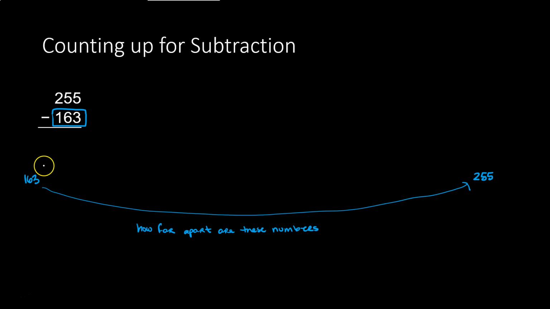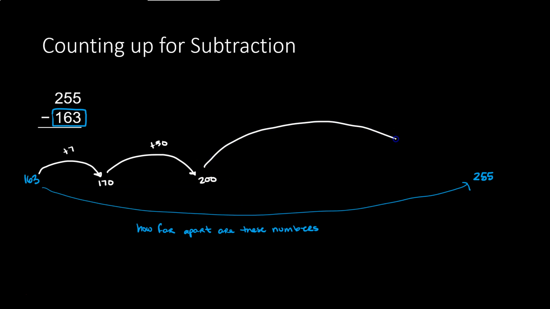So if I add 7 to 163, we already know we get 170. And if I add 30 to 170, we already know we get 200. And then if I add 55 to 200, I get 255.